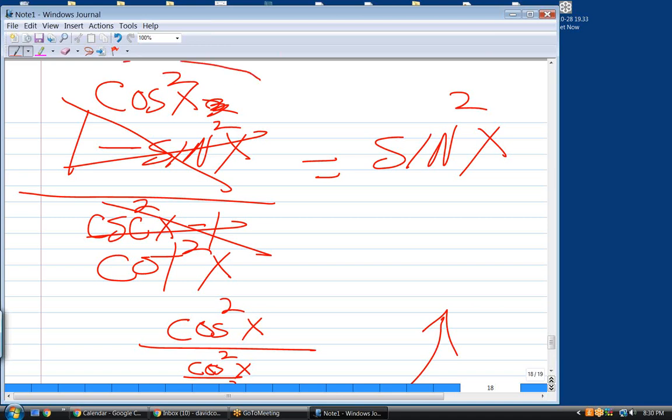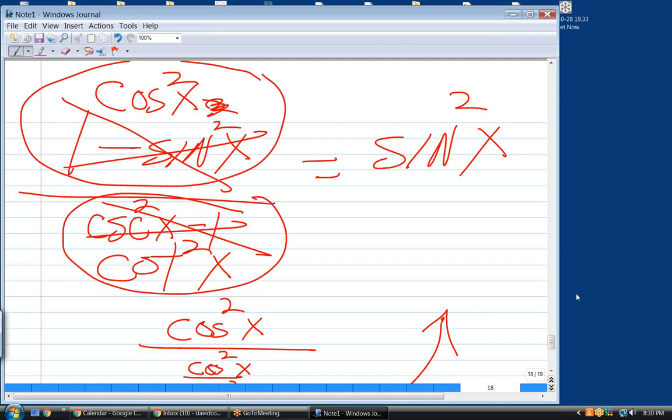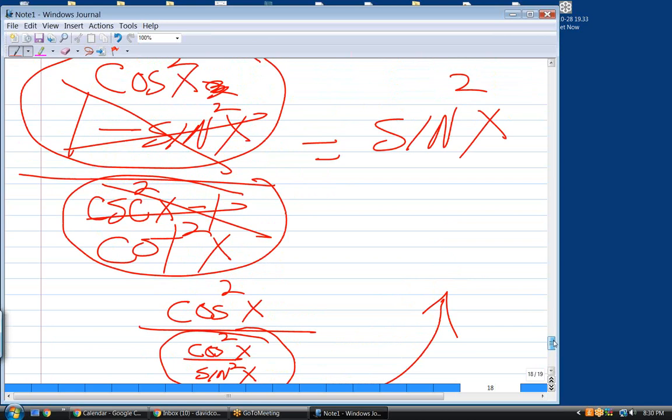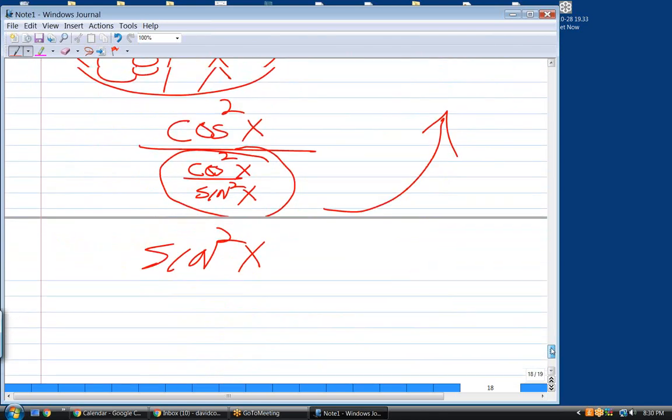In other words, this was the Pythagorean identity, this was the Pythagorean identity, and this was the quotient identity. Then doing all the algebra reduces this to sine squared x, and that's what was on the right side.